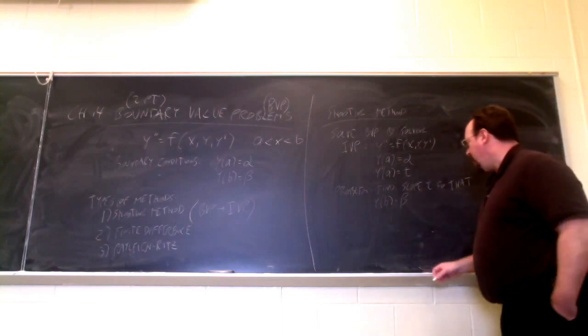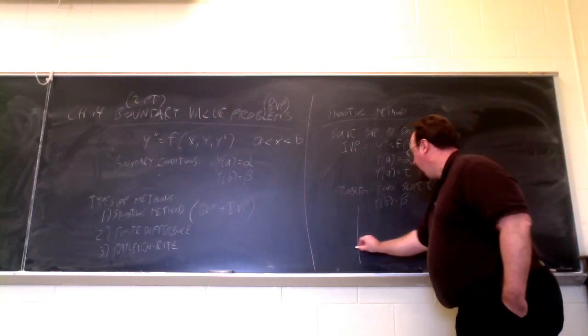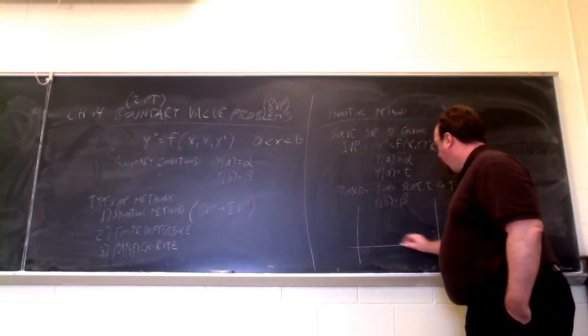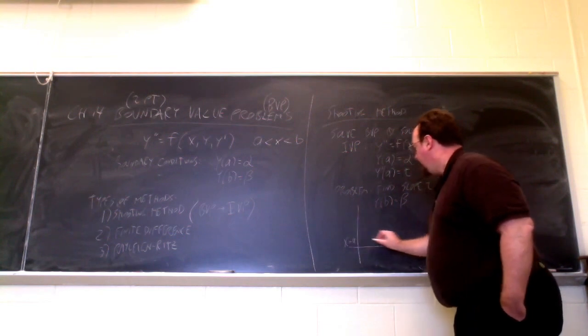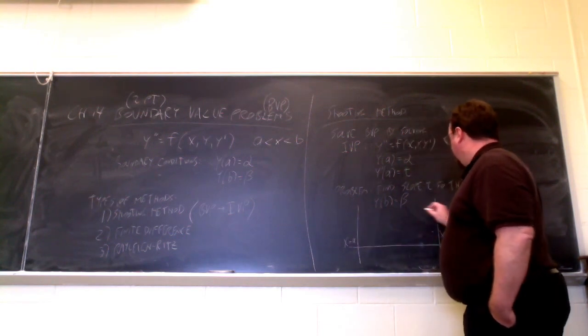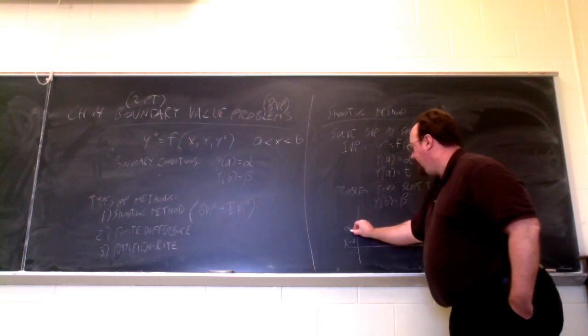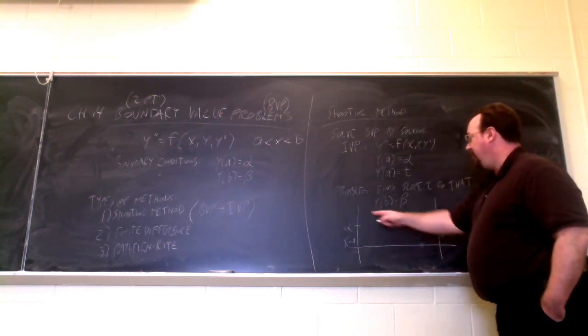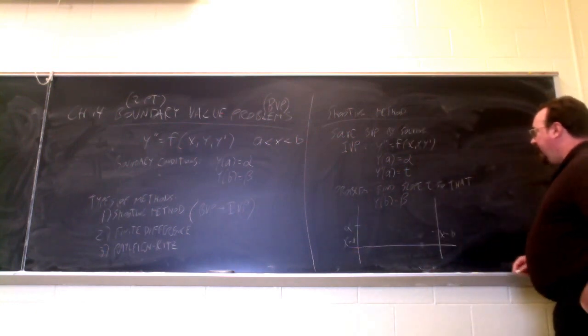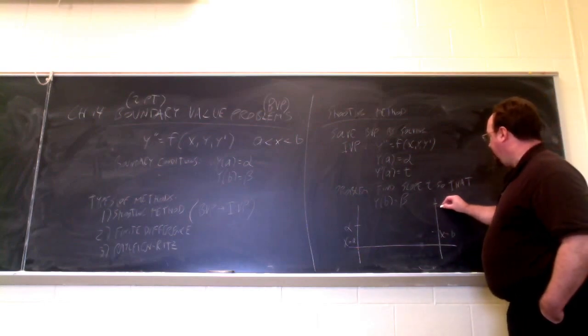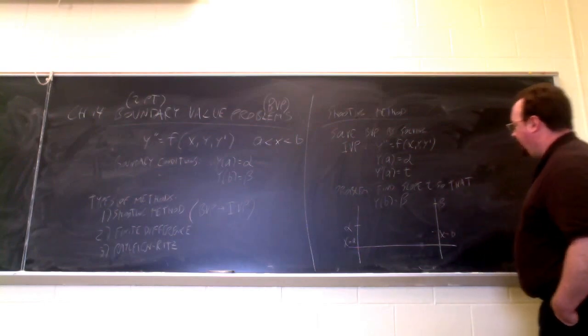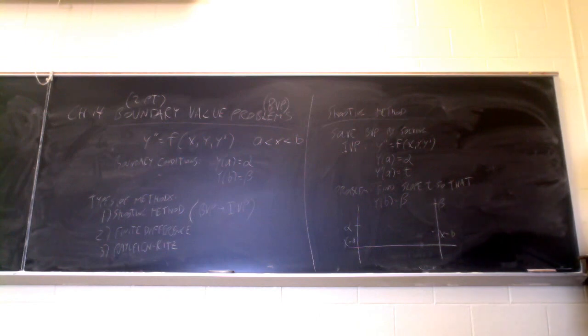So if I were to draw what's happening at x equals a and x equals b, let's suppose we're at alpha. Your solution is going to start out here, and you want your solution to end up here, so y of b equals beta.